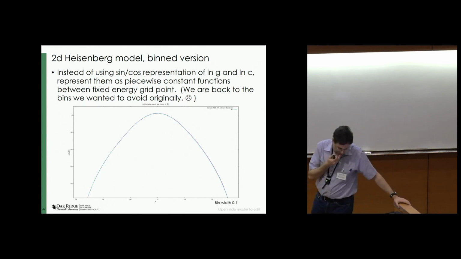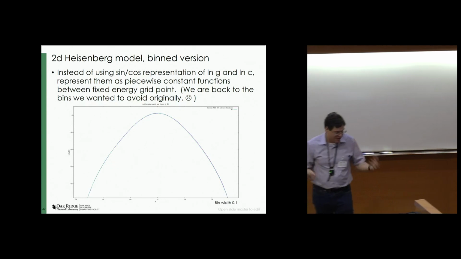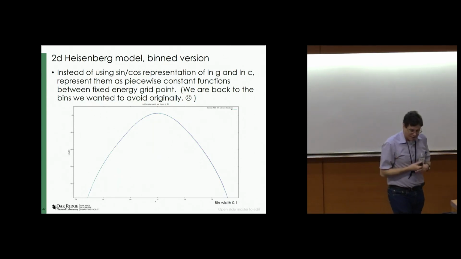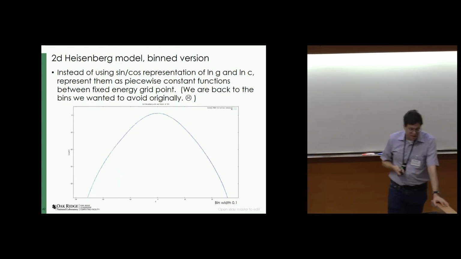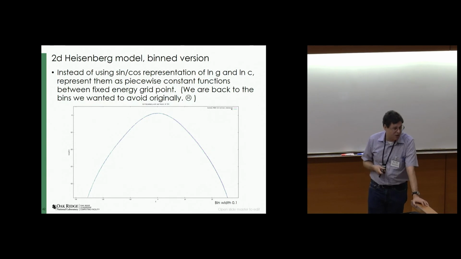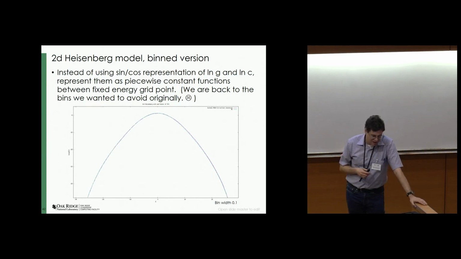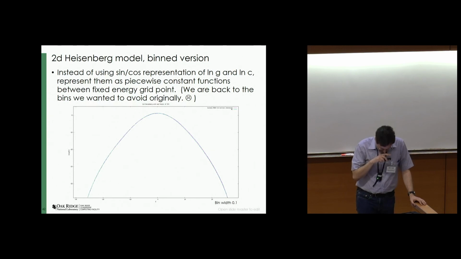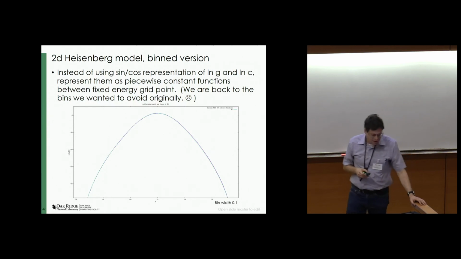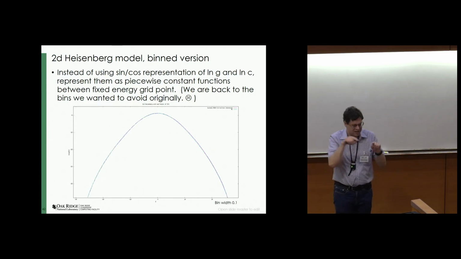So, testing whether it is really a basis set problem, or whether there is something else going on, instead of using sine cosines, we represent them as piecewise constant functions between fixed energy points.